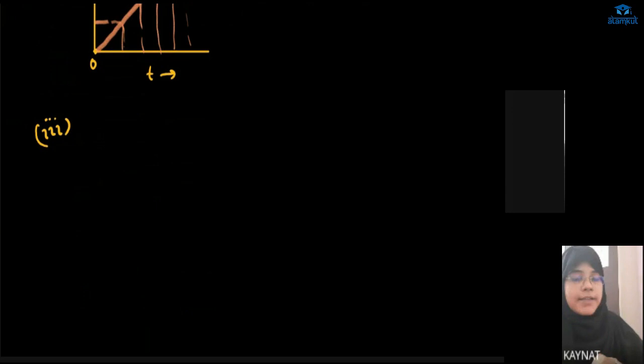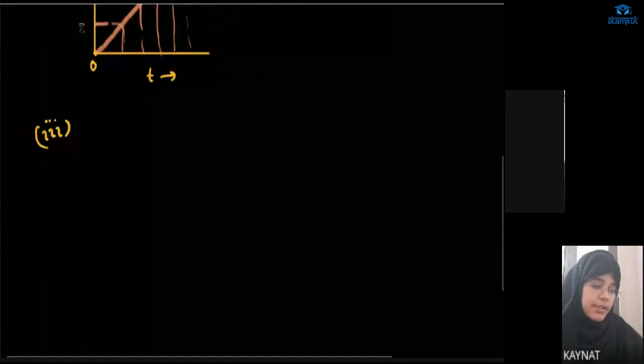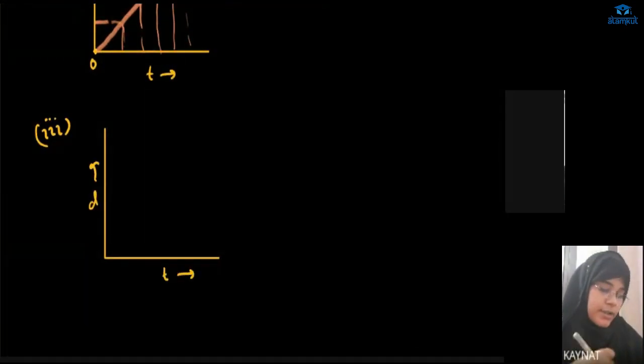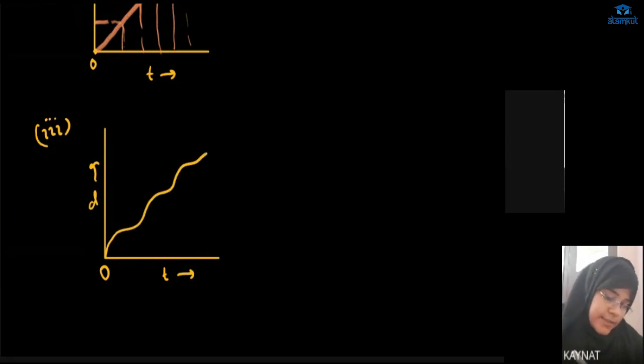So let us see how non-uniform motion would look in the graph. Again let us take d and t. Non-uniform means unequal distances in equal intervals of time. So it may be like this, it may be like this, it may be like this.